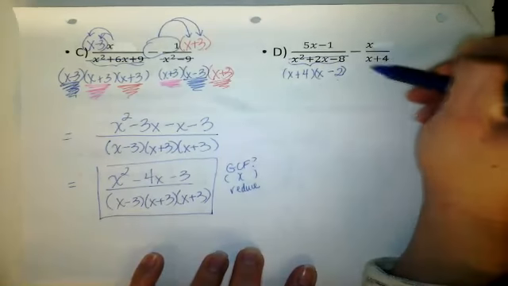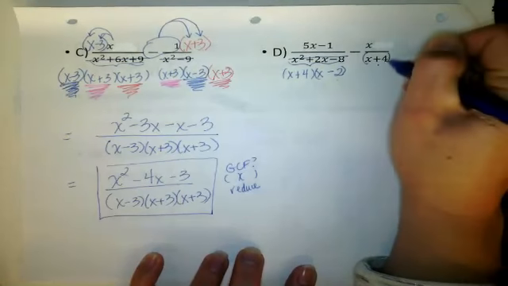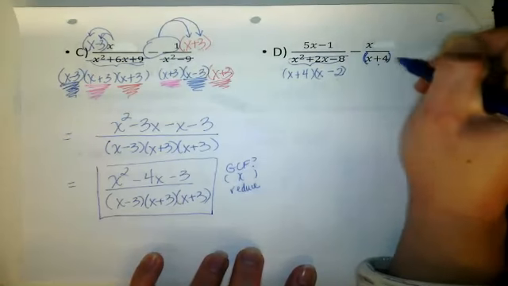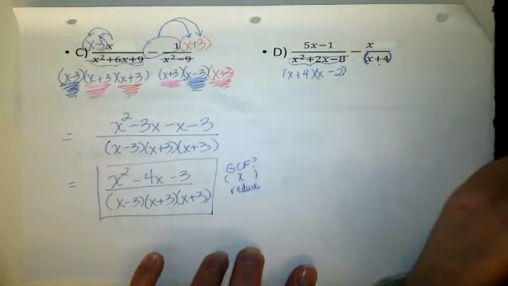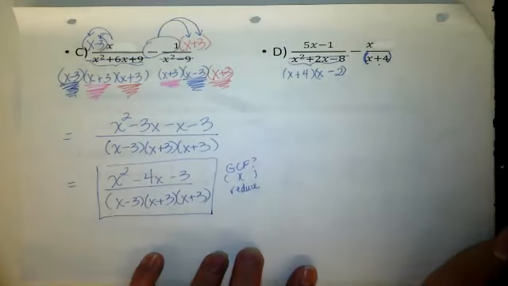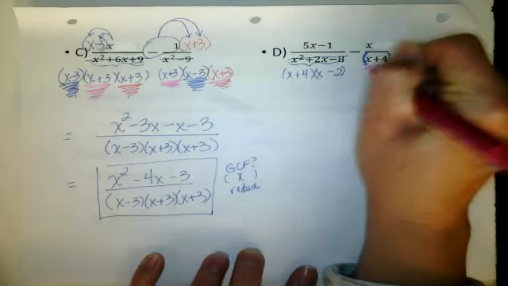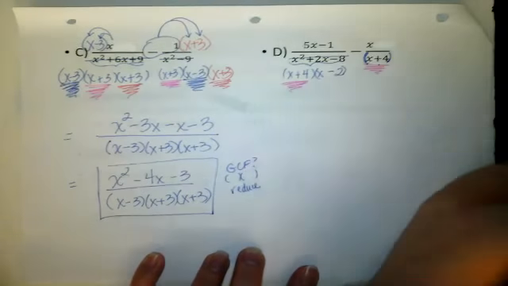Can I double bubble this x plus 4? No. It's x to the first power, so it's already its own little bubble. It's prime, so to speak. Can't do anything with that. So now we can look and say, hey, what bubbles do they have in common? They both have that x plus 4 in common already.